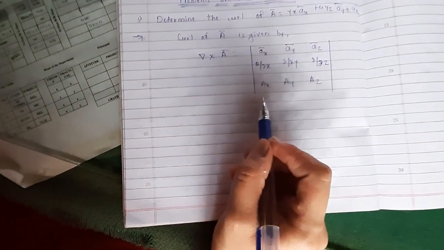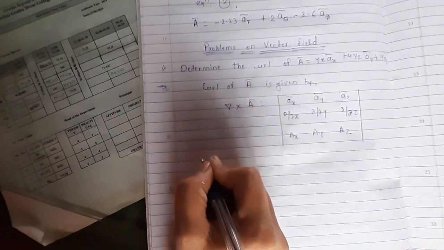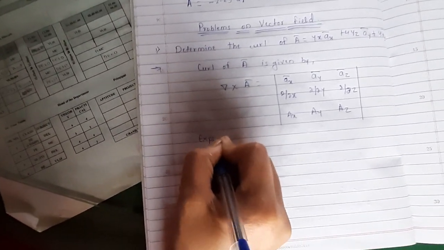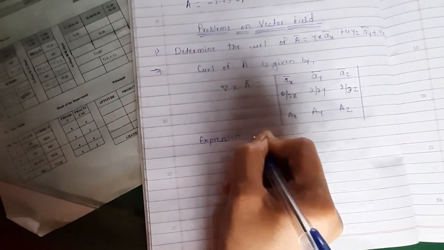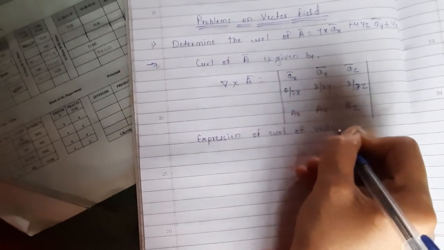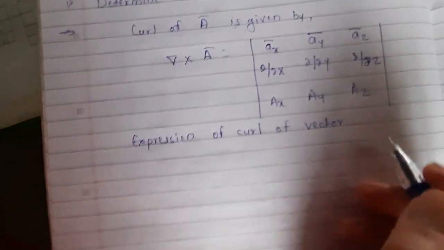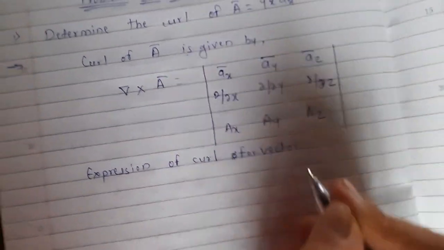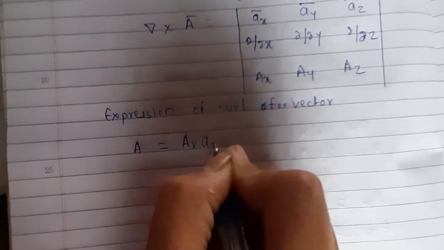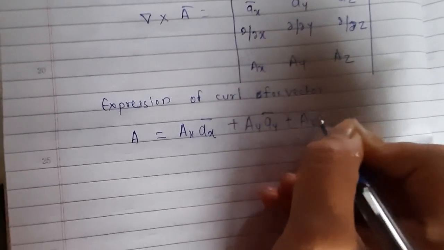This is the expression for the curl of a vector, where a is equal to ax ax bar plus ay ay bar plus az az bar.